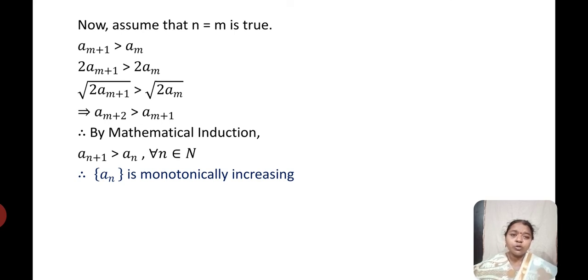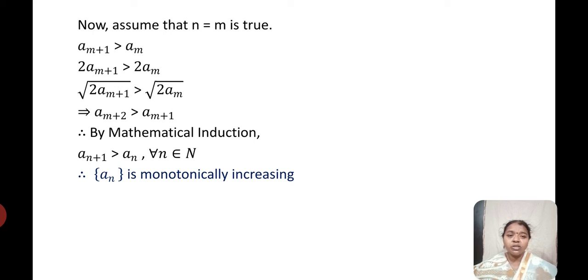Now let us assume that n is equal to m is true. That is, a(m+1) is greater than am. Let me multiply 2 on both sides. We would be getting 2 times a(m+1) is greater than 2 times am. Let's take the square root on both sides. So I would be getting root of 2 times a(m+1) is greater than root of 2 times am.